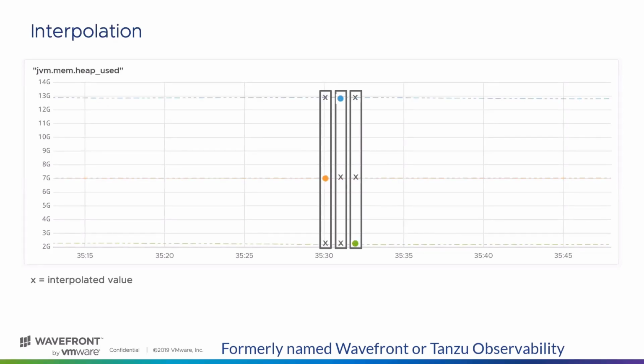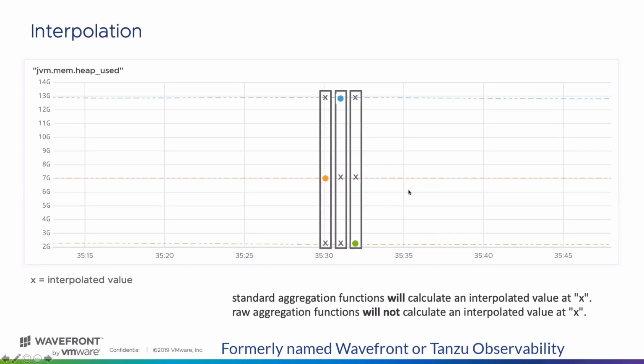I'll actually build this out. What the standard aggregation functions will do, and you saw it in the fact that we got the correct answer of 22 gigs, is that they will interpolate values for any missing data points. So when you do a function like sum or max or average, you will get an output data point at every time interval where there was a point in the original data.